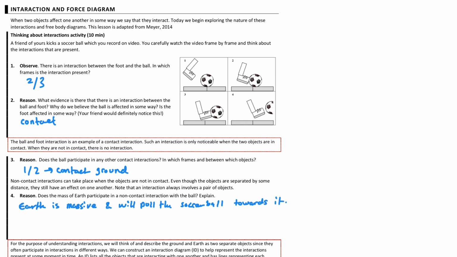And basically, you know this because as soon as the soccer ball goes up, it will start slowing down, meaning that something is pulling it down, and then it will come down, and that is the gravitational force pulling the soccer ball downwards. And there is an interaction between Earth and the ball, and it comes from that gravitational force.